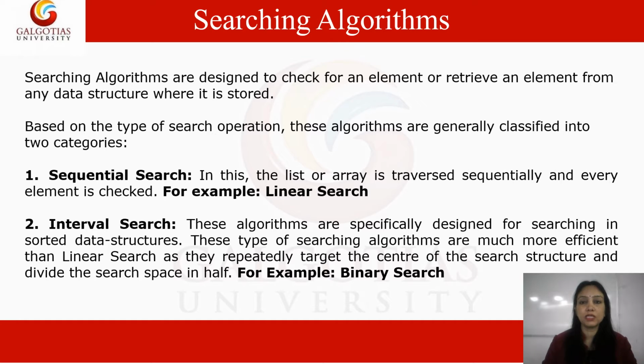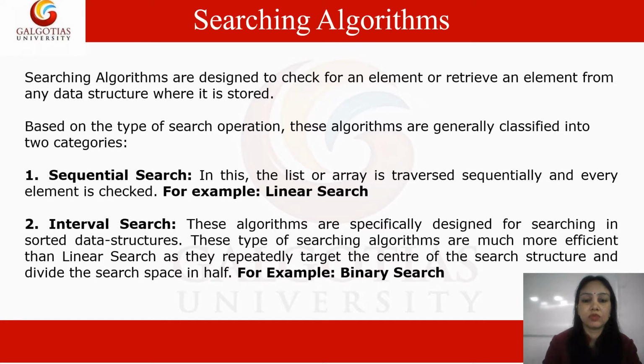Interval search algorithms are specifically designed for searching in sorted data structures. Sorted means the elements are already stored in that data structure in ascending or descending order. Where your elements are in sorted order, we can apply interval search, not sequential search, right?